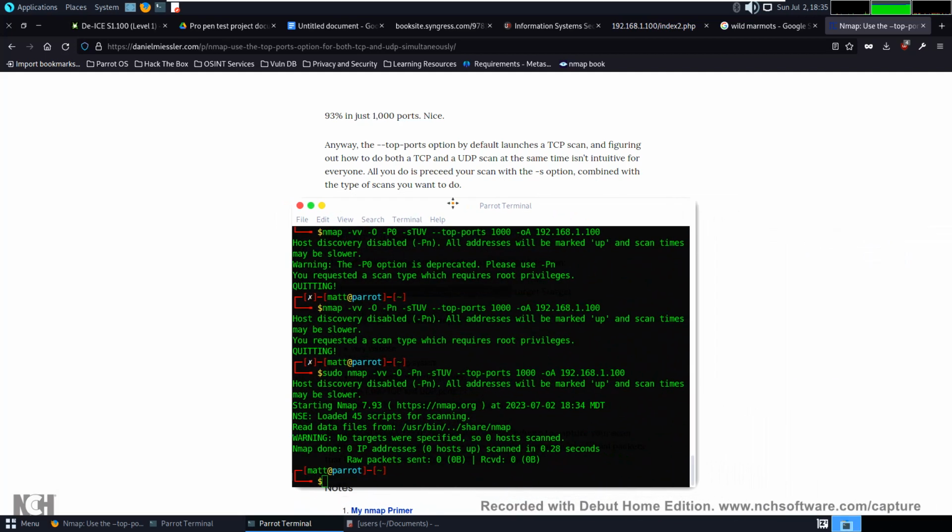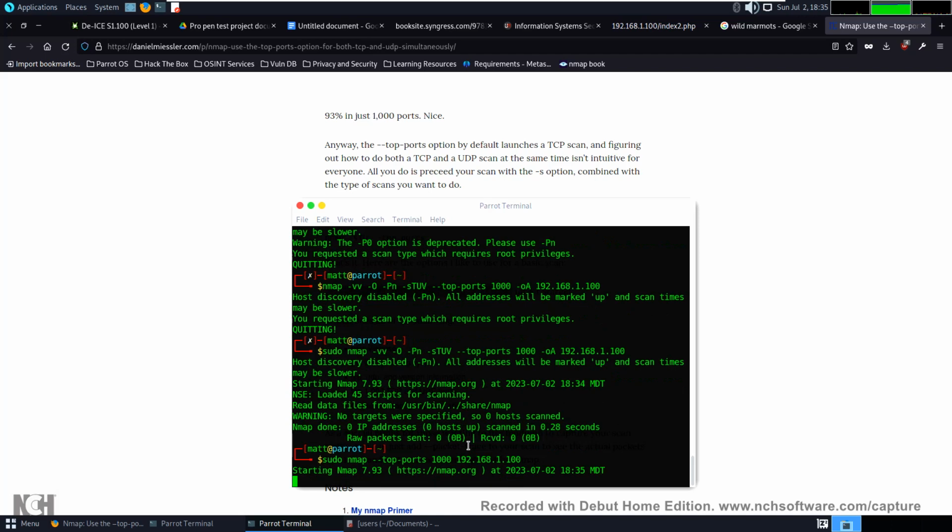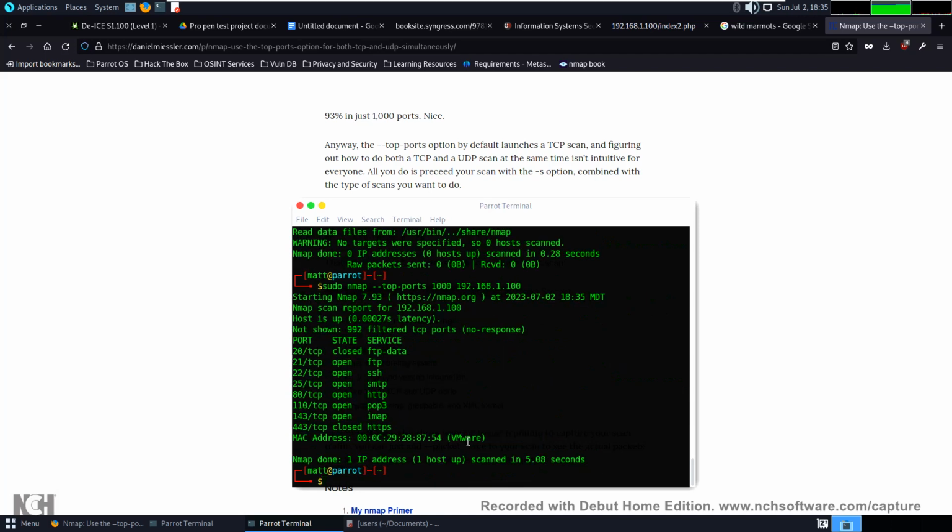Okay. Anyway, I just want to use the top ports. Nmap --top-ports 1000 192.168.1.100. Is this gonna work? Let's just try this. That one was looking like something was missing.